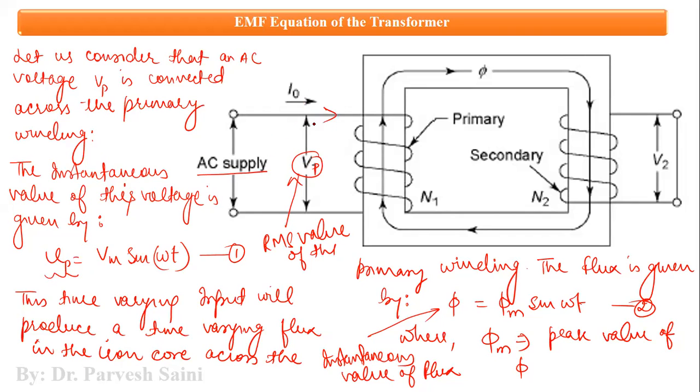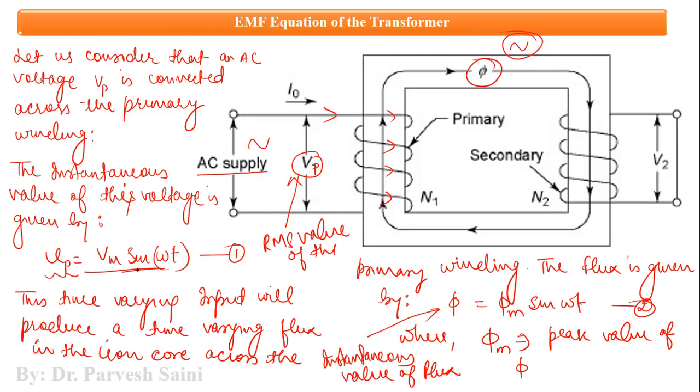Now when the current flows in this particular winding, the current will flow like this, and because this is an AC supply, this is a time varying flux. So the nature of this flux will also be AC. It will also be a sinusoidal flux.